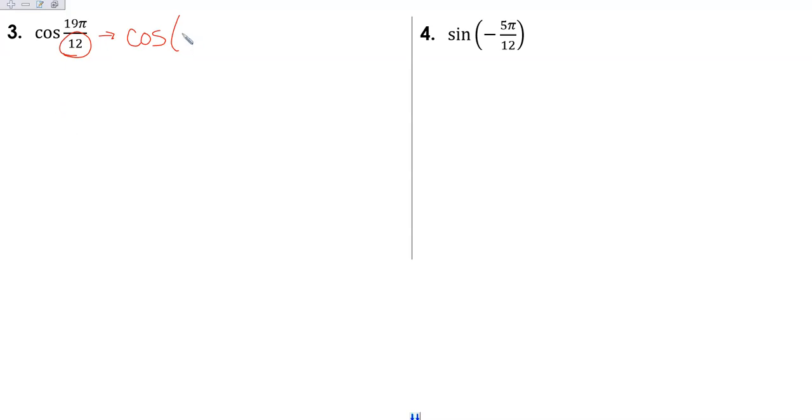So I'm going to change this to 22 pi over 12 minus 3 pi over 12. 22 minus 3 gives me that 19 pi. I know that when I have evens, I'm going to get a denominator of 6, so that's going to work.